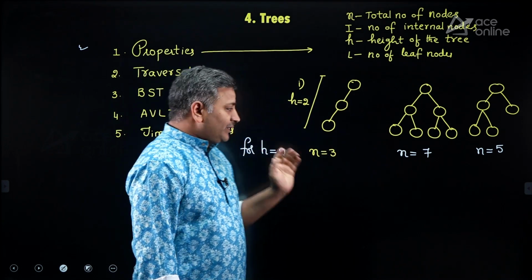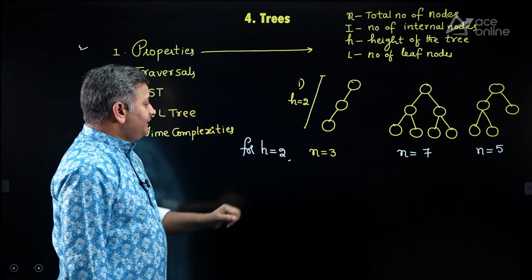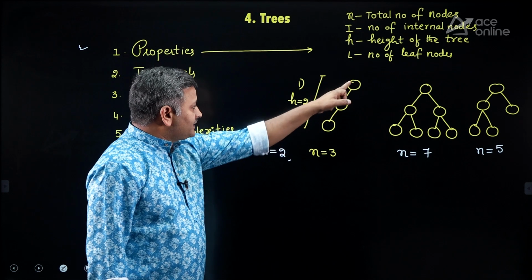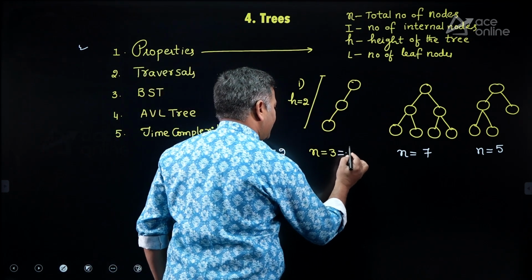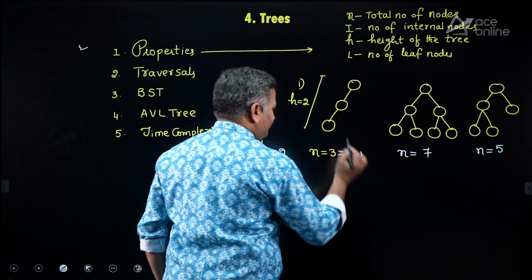Then what is the relation with respect to the parameters? This 3 we can write as h plus 1, so n equal to 3 can be written as h plus 1.